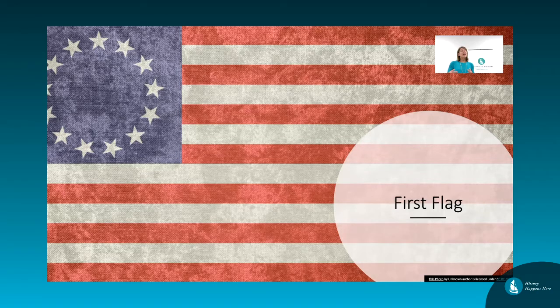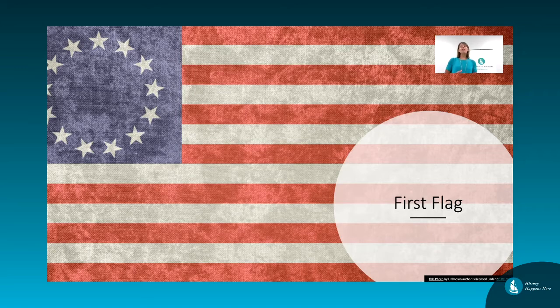So let's count the stars, starting with the one in the top corner. 1, 2, 3, 4, 5, 6, 7, 8, 9, 10, 11, 12, 13. So our very first flag had 13 stars.